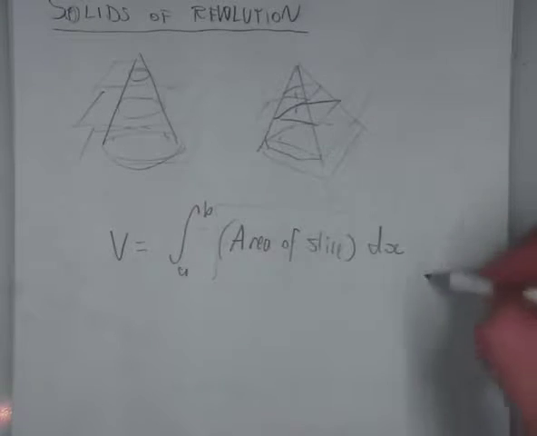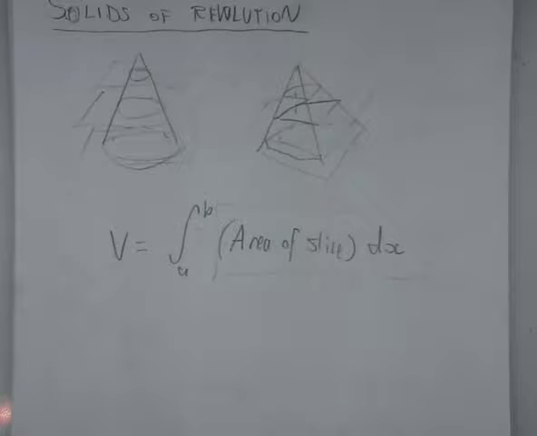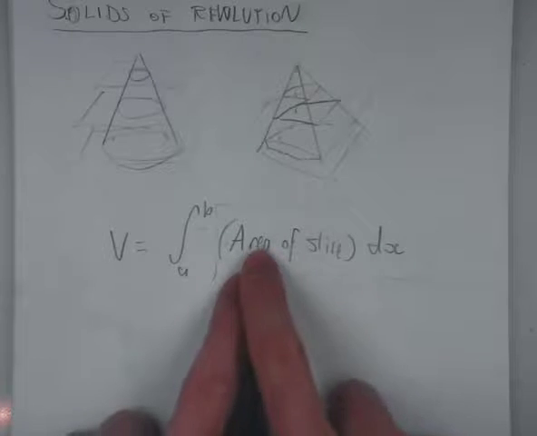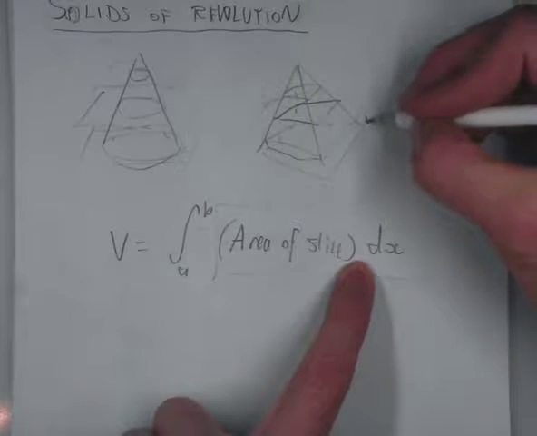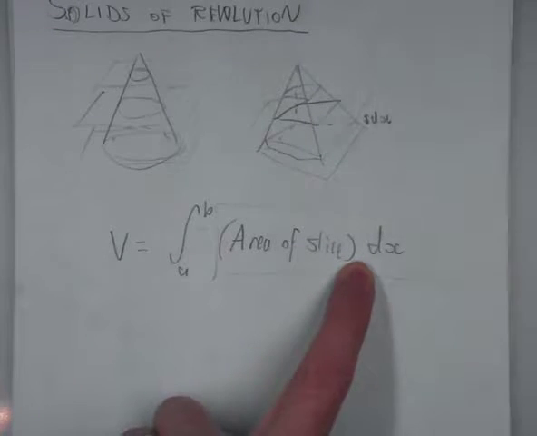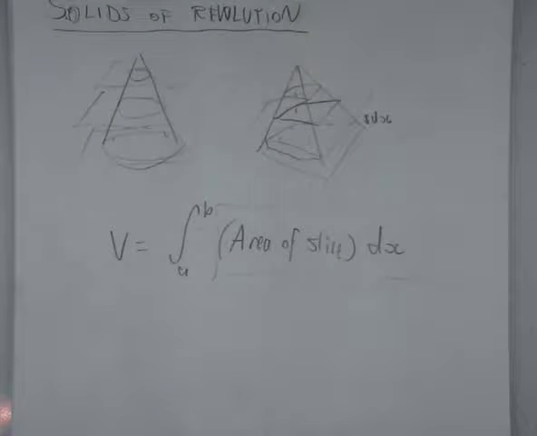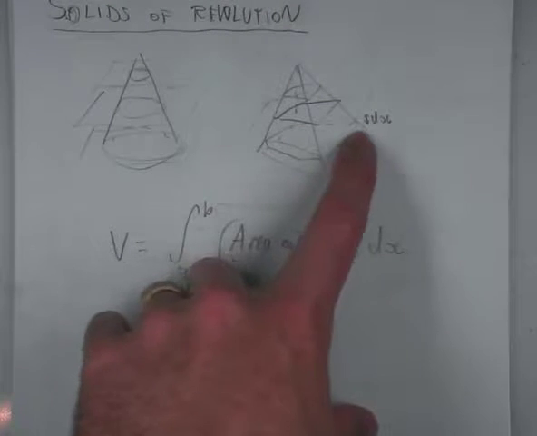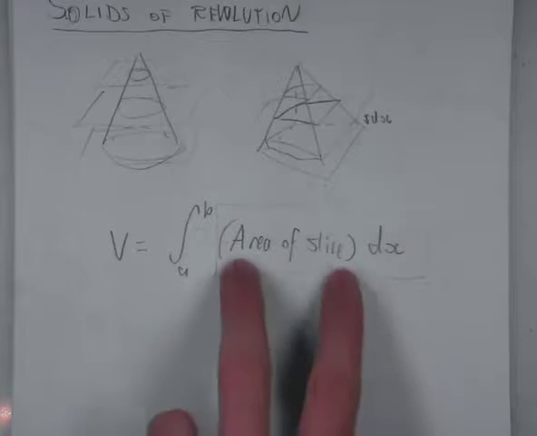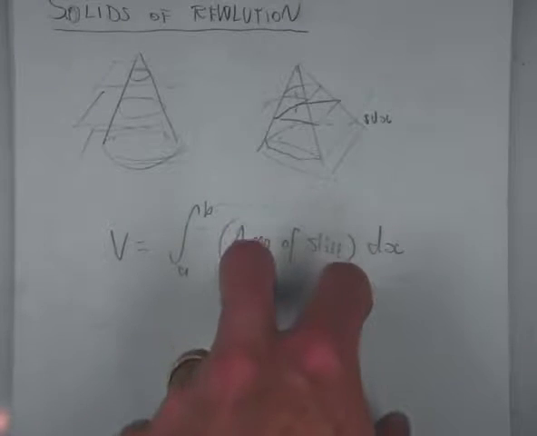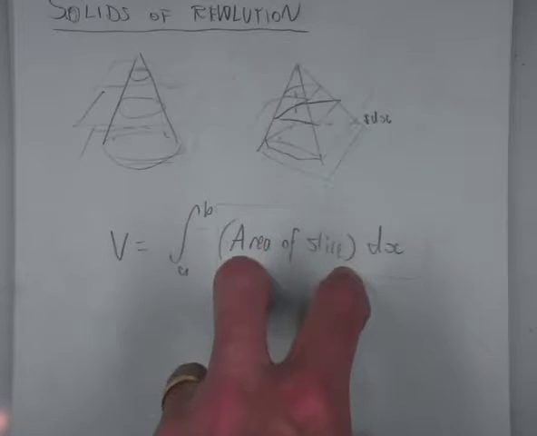And this bit here is the volume of your very thin slice. The volume of a slice is area times thickness, and that dx is a very tiny change in the value on the x or y axis, and it produces the thickness of the slice. So that's the idea behind it. As long as you can find the area of that slice, any method you use is fine. Okay?